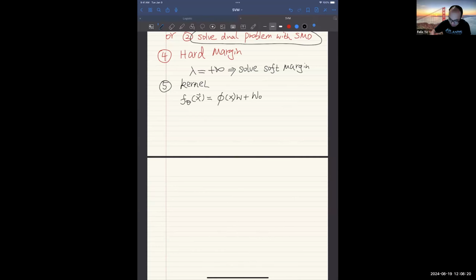We don't like to directly work on this, and this becomes something like the summation of i from 1 to n of alpha i, y i, then kernel of x i and x, plus w0. Everything can be written in this way, basically using all these training values from x1 to xn.